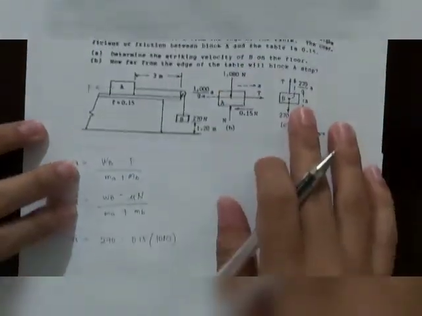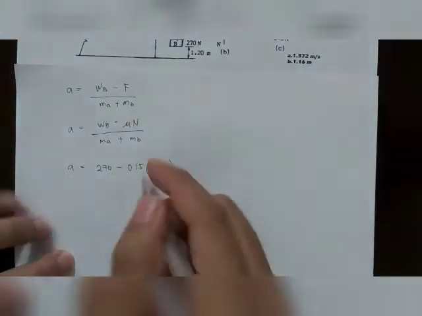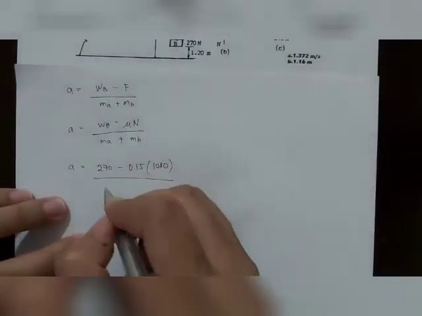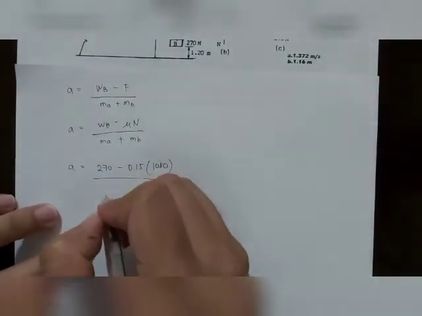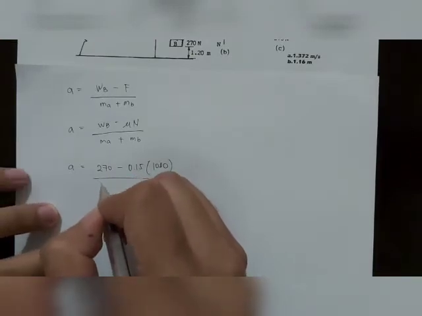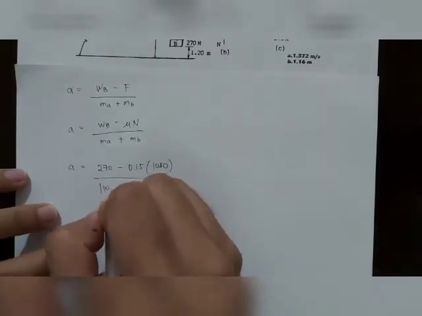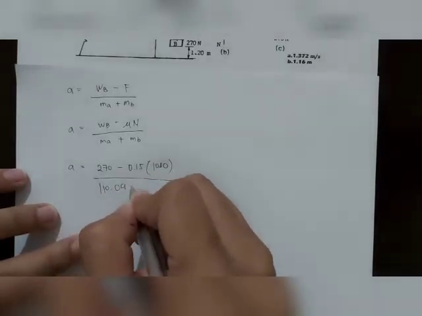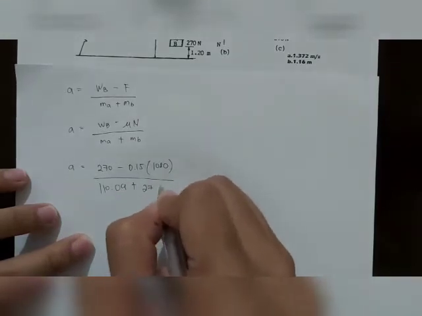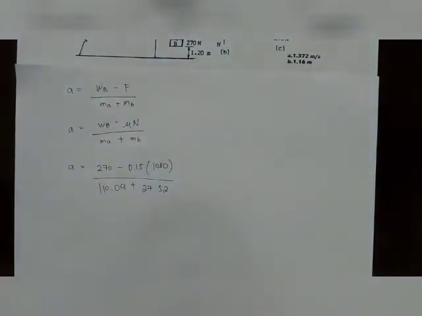So 1080 yung ginamit natin dito. All over yung mass ng ating block A, which is 110.09, plus 27.52.